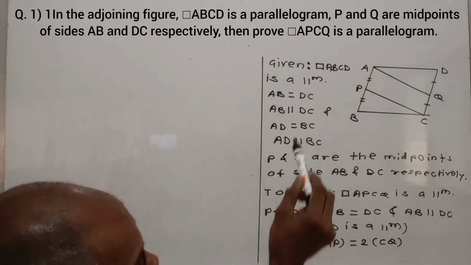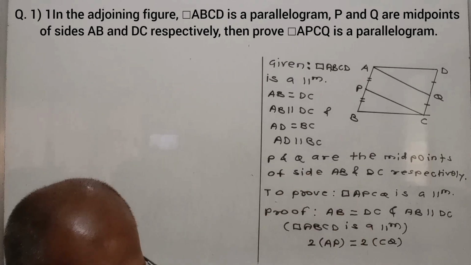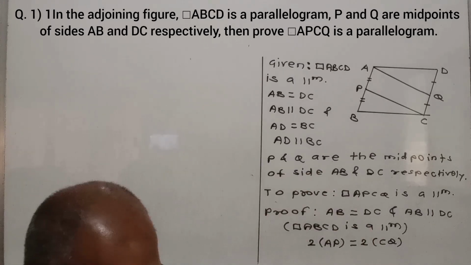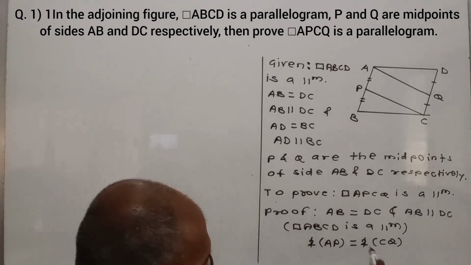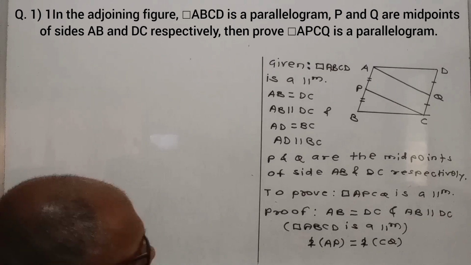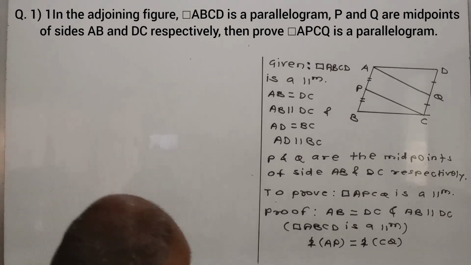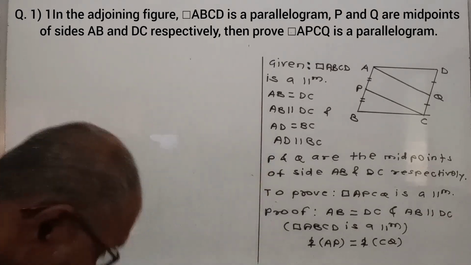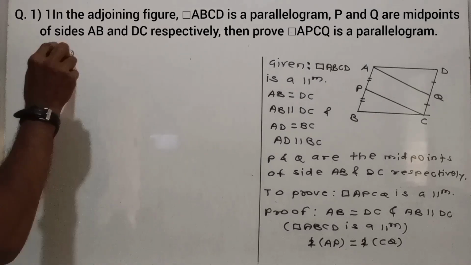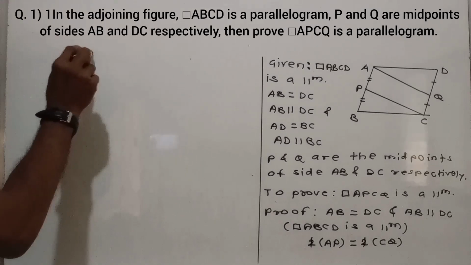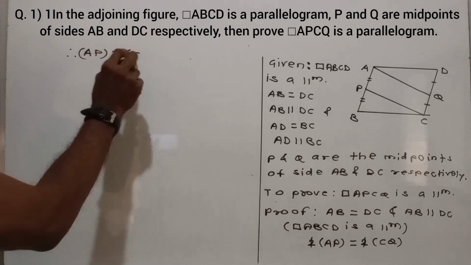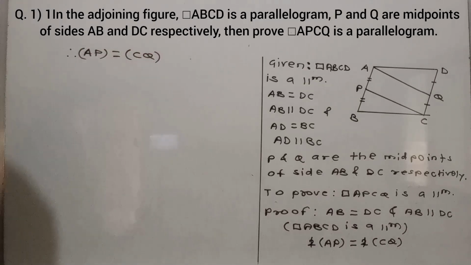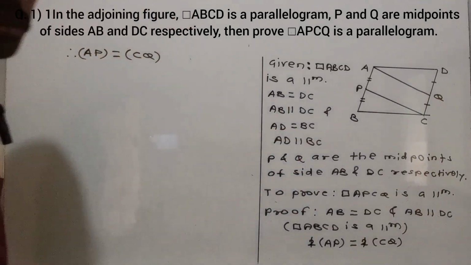But we want quadrilateral APCQ, so we write CQ. Did you get it? Now this 2 and this 2 cancelled. Therefore, what is left? AP. Therefore, AP is equal to CQ.